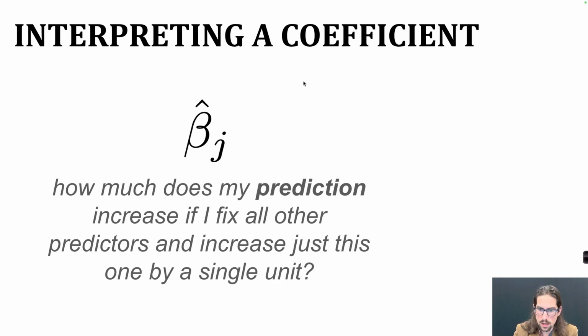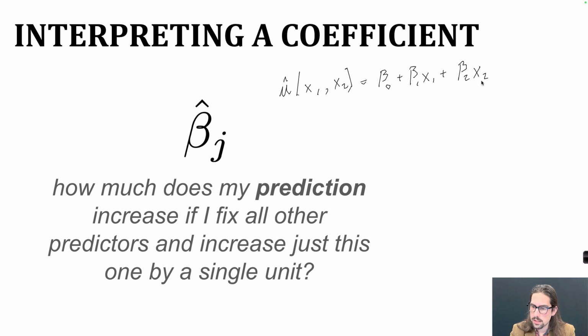So to see that, let's say we can write mu hat, for two predictors, x1 and x2. So your function is beta 0 plus beta 1 x1 plus beta 2 x2, right? So how can we interpret, for example, this beta 1?